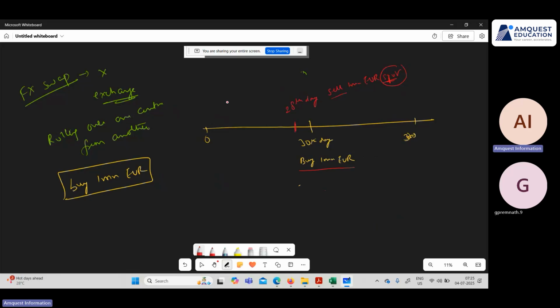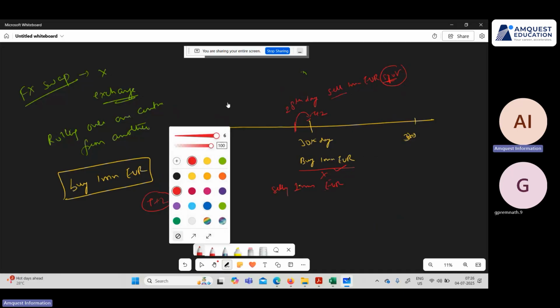Even for the trading that we do, there's a T+2 settlement, right? So when you sell 1 million euro spot, those 1 million euro will get settled on T+2, which is itself the 30th day. And from the forward contract, you were to buy 1 million euros. So that cancels out with the transaction of selling 1 million euros.